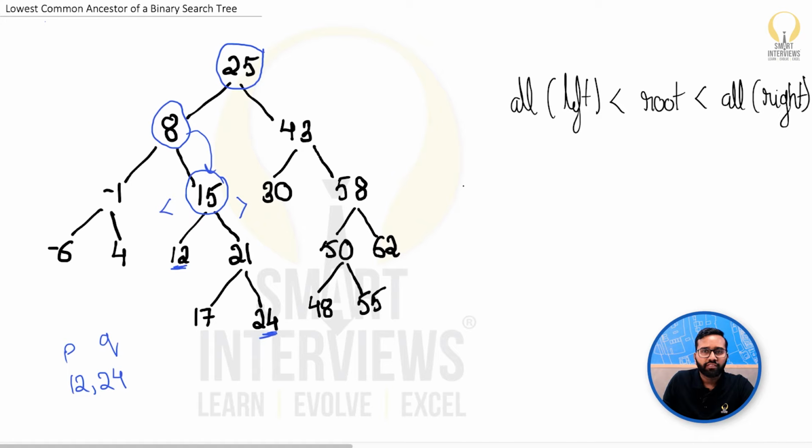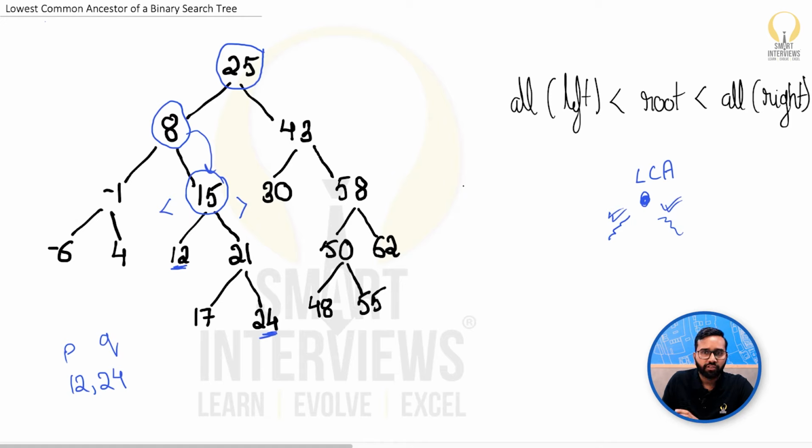So it definitely means that this is the point where the search will split into left part and right part. So from that we can say that 15 is definitely the LCA which we are looking for. So very similar to the previous logic, if for a node you are going to find something on the left and something on the right, that current node becomes the LCA.